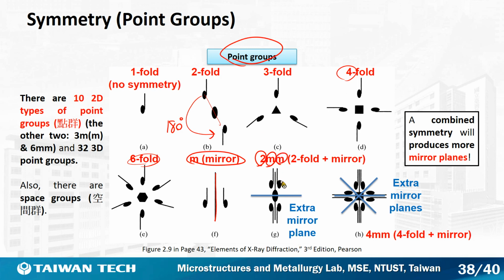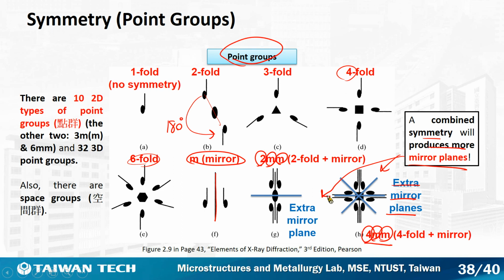So we have another m, 2mm. Okay, and this is 4mm. It means 4-fold and a mirror. But it will also show more mirror planes. So it means that a combined symmetry will produce more mirror planes, just like these two examples.